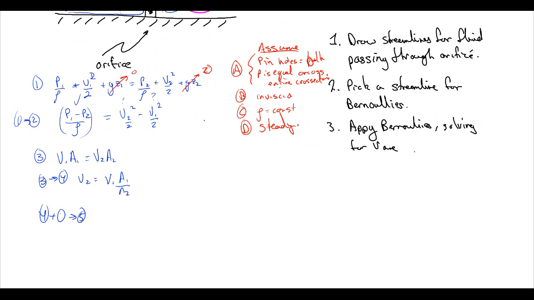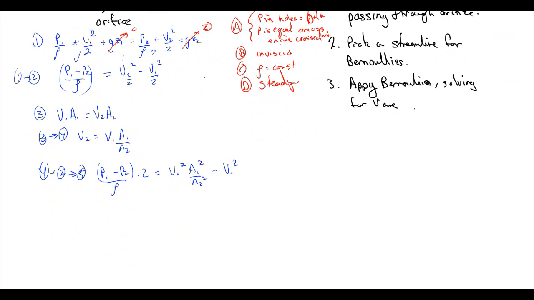And so we're going to have P1 minus P2 over rho times 2 is equal to V1 squared A1 squared over A2 squared minus V1 squared.